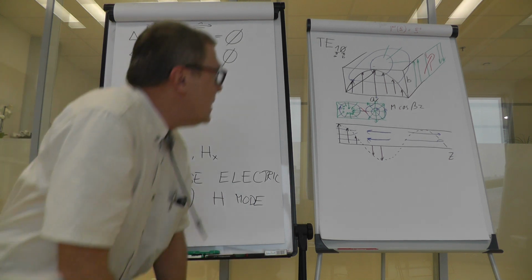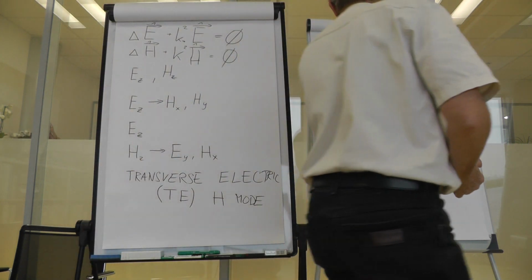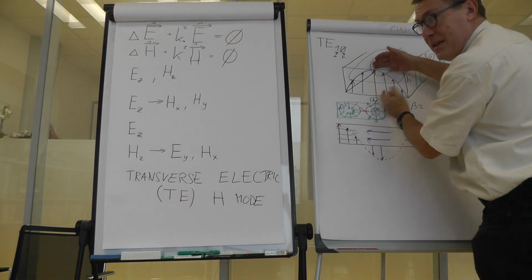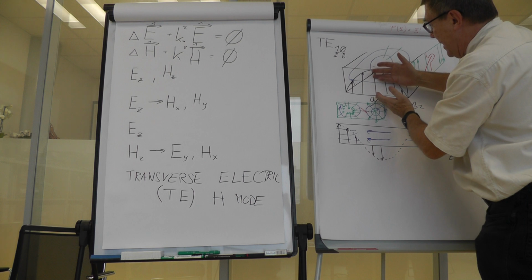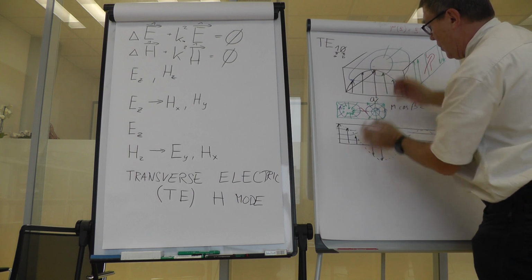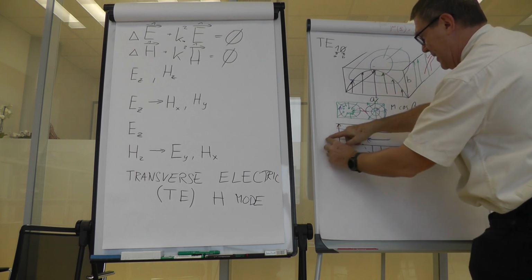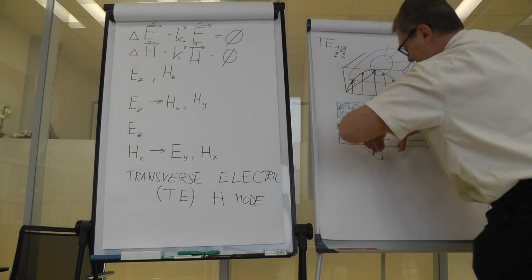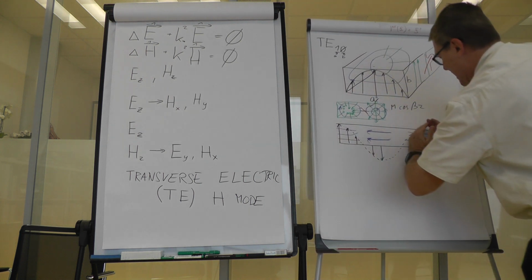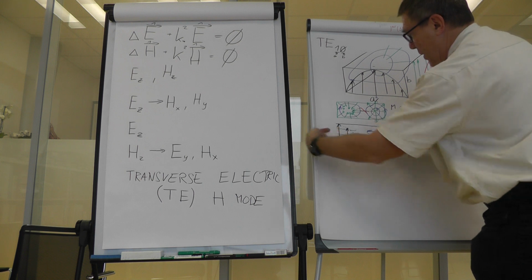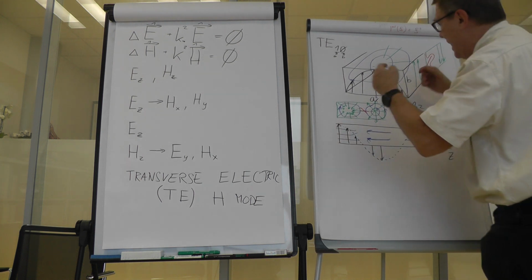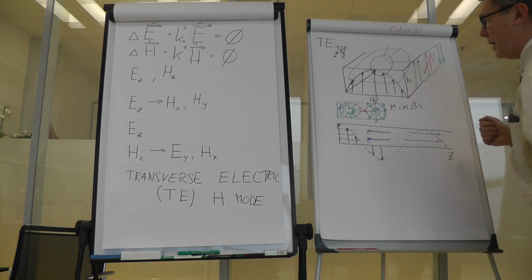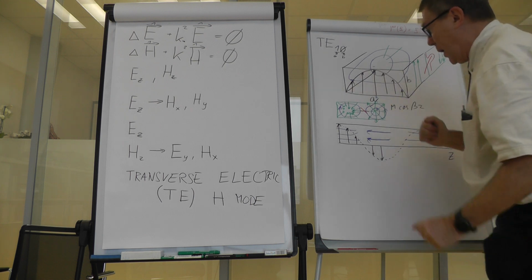Well, first, let's start, for example, with electric field. The electric field, which is shaped like, let's say, a hill and a basin and a hill in both the direction of propagation and the cross-section along the longer wall.